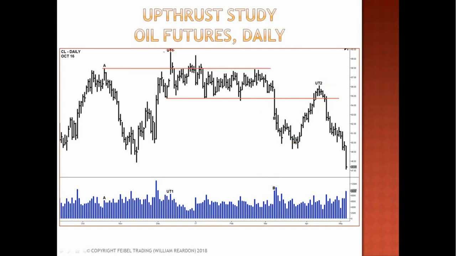We upthrust here after a demand imbalance, which is a double negative, because if we gap up and it's a demand balance, we should have upside follow through. Yet buyers are unable to sustain the buying, and then as we trade back within this trading range, we have a wide spread, so good selling.